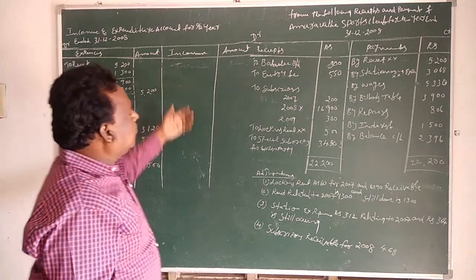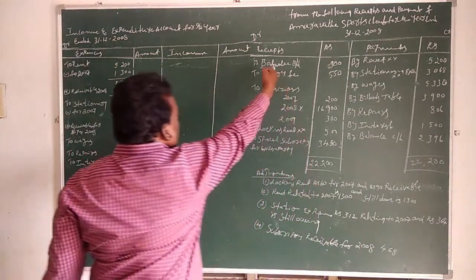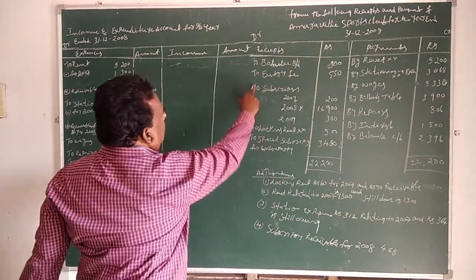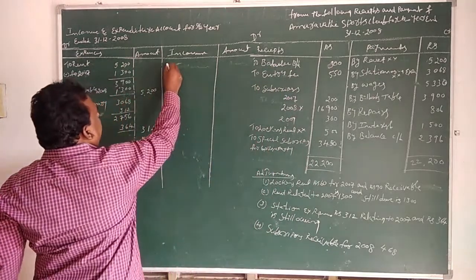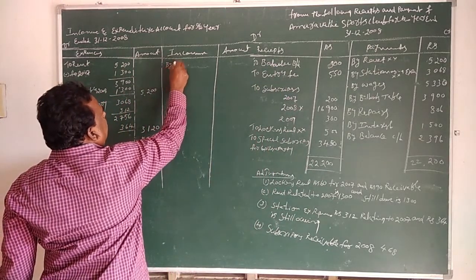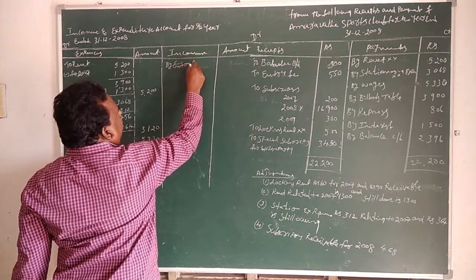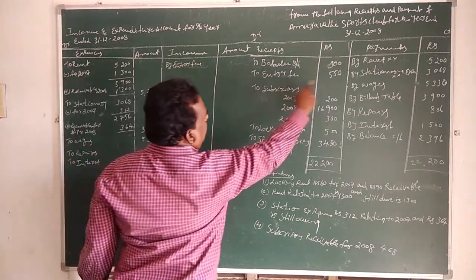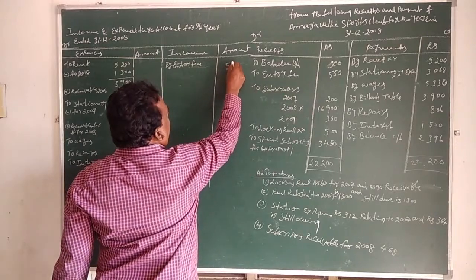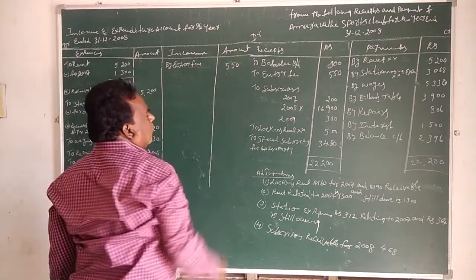Similarly, these are the sources of incomes. By entry fee 550.